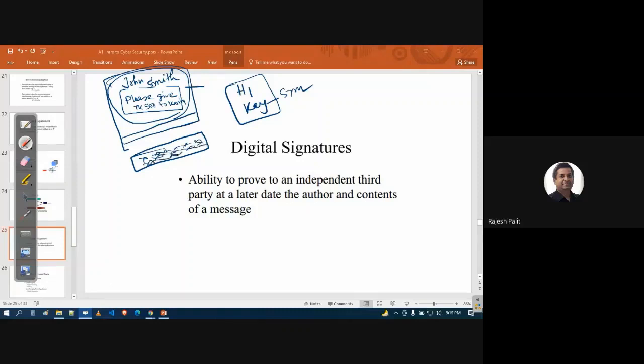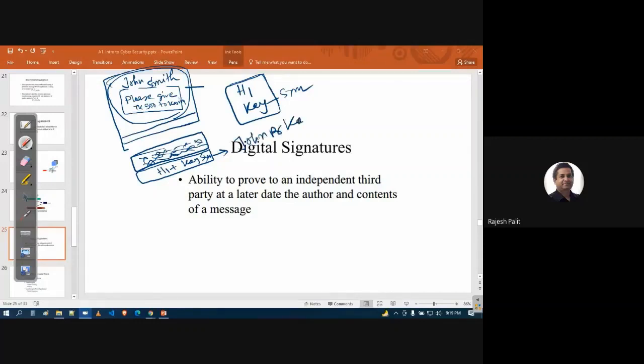Now this hash value and the symmetric key are encrypted by John's private key.